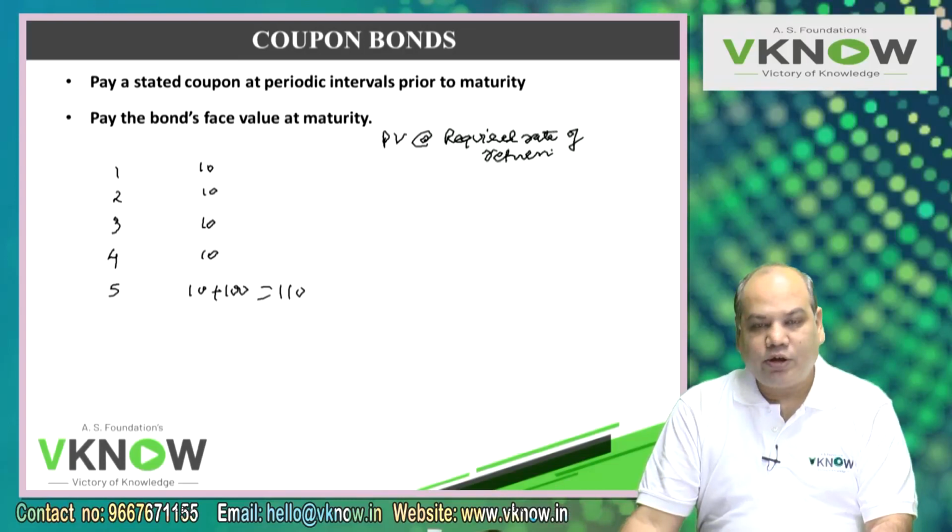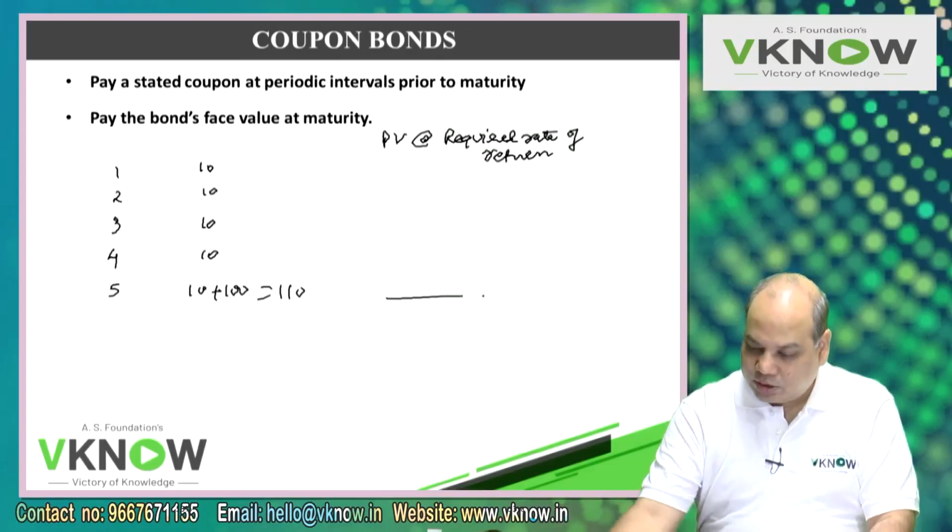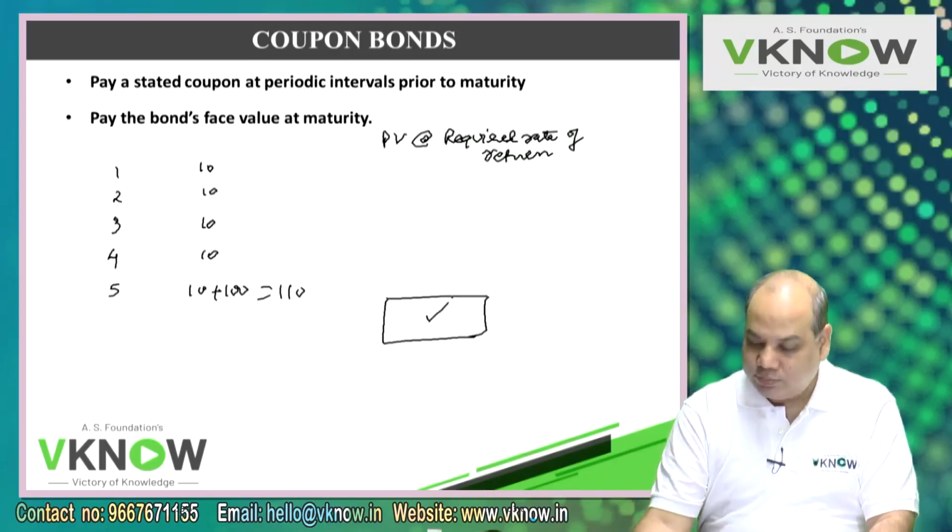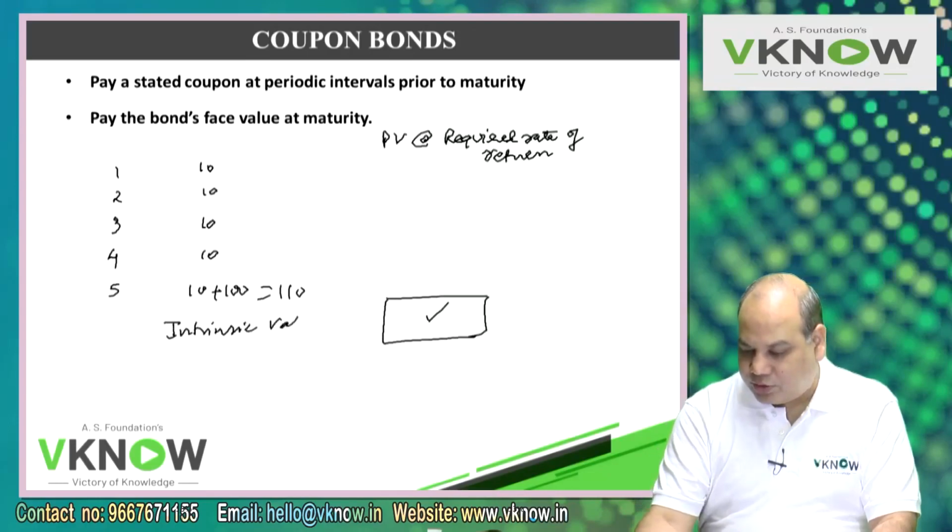Required rate of return is the rate of return investor desires. And then after calculating the present value, take the total. This is what we will call intrinsic value or present value of the bond.